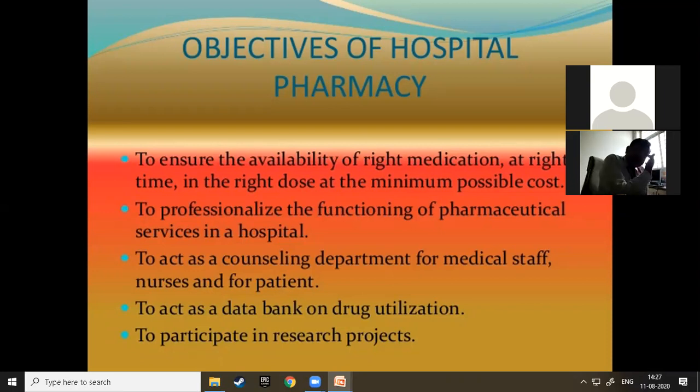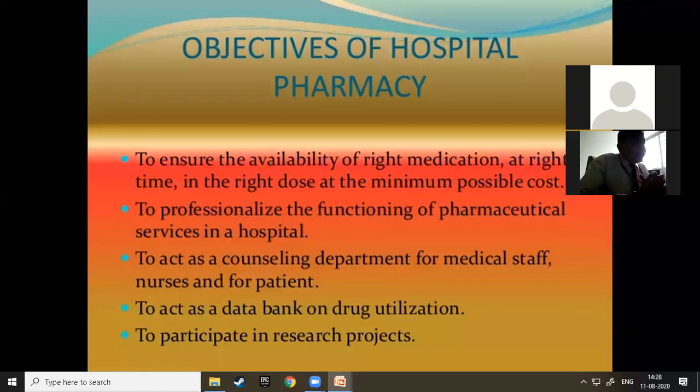Earlier, I told you in my first class, hospital pharmacists, medical staff, nursing staff and the pharmaceutical therapeutic committee (PTC) maintain a drug formulary within a hospital. Those drugs must be present in a hospital.